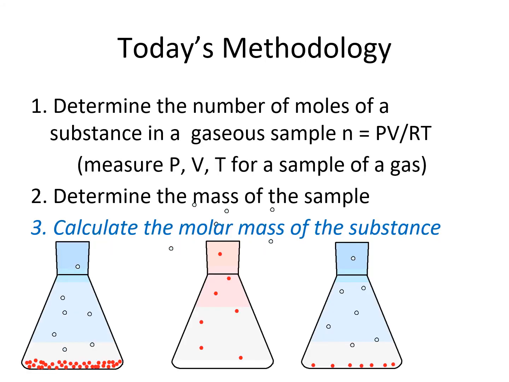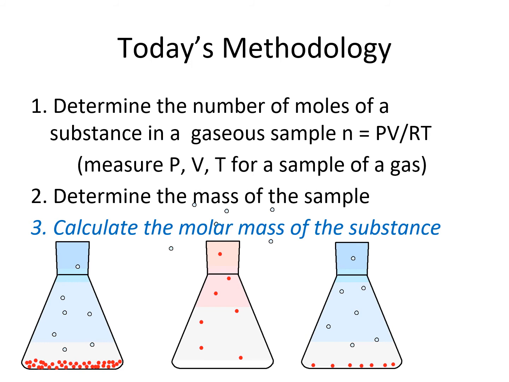We're going to first find out the number of moles of a substance when we are turning it into the gaseous state. You can rearrange the ideal gas law to find the number of moles. Here you can see n equals PV over RT. That is just the pressure times the volume divided by the ideal gas constant times the temperature.